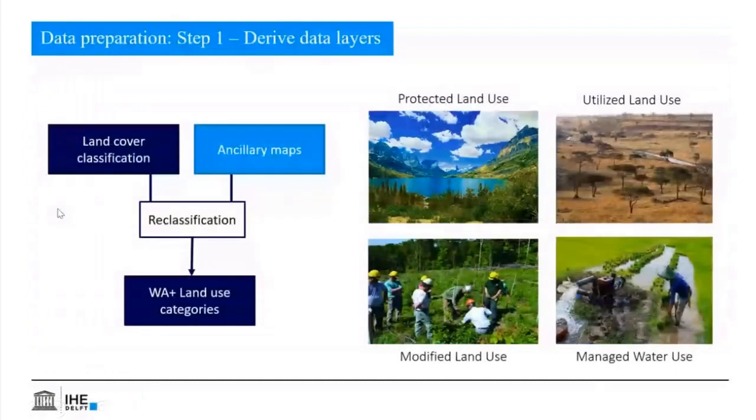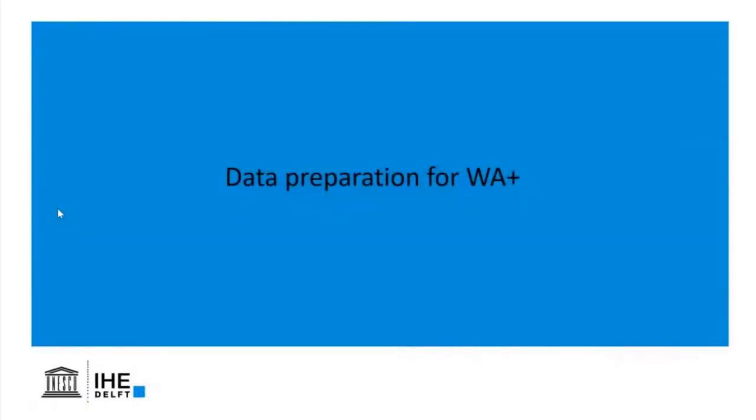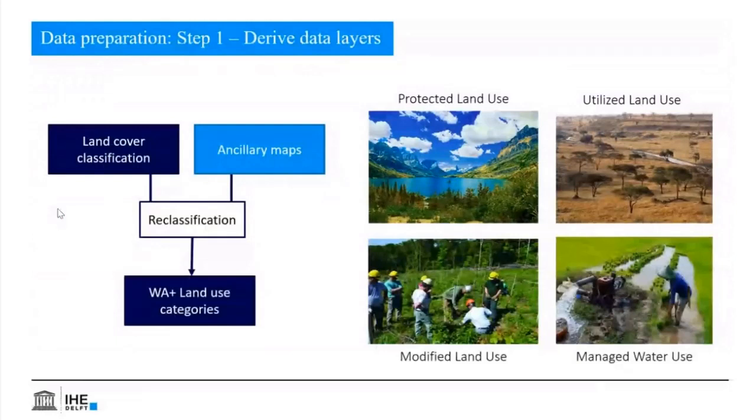The first step in data preparation is to collect all the remote sensing data, and any ground truth data or specific land cover maps of the basin. As you remember from the lecture by Dr. Elga Salvadore on the first day, she showed you what kind of land use categories we have in Water Accounting Plus.